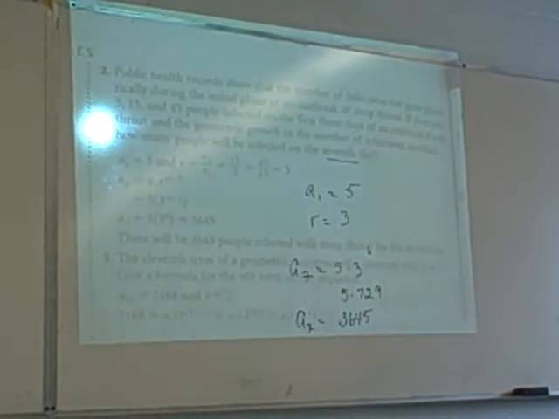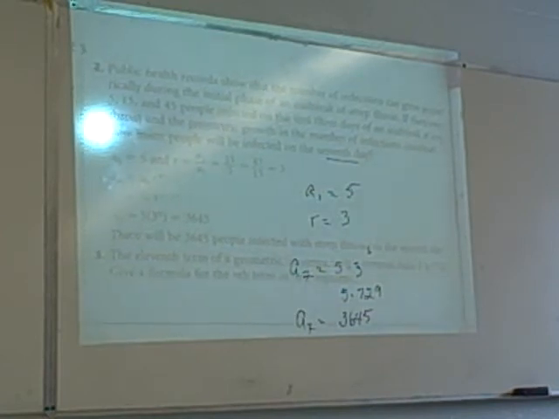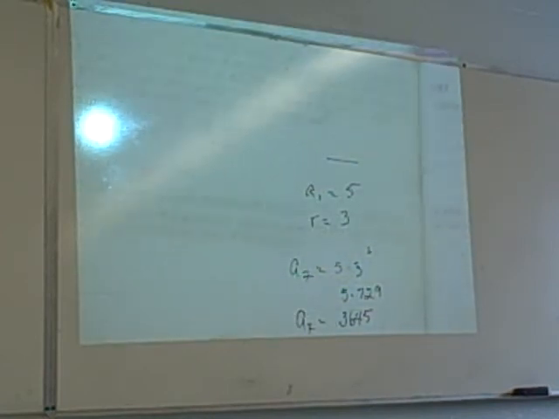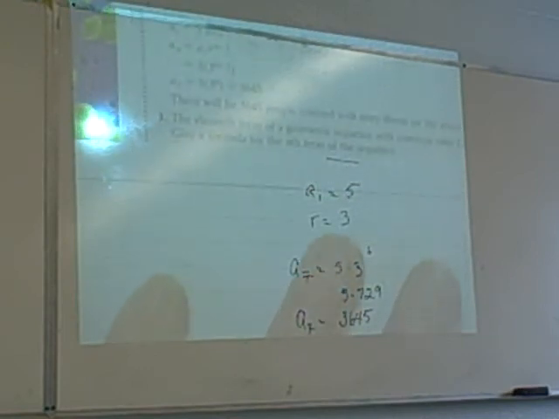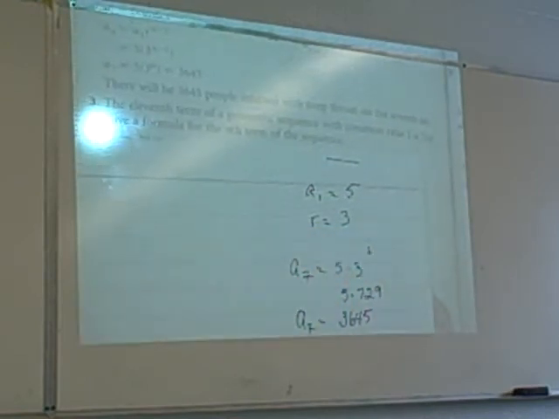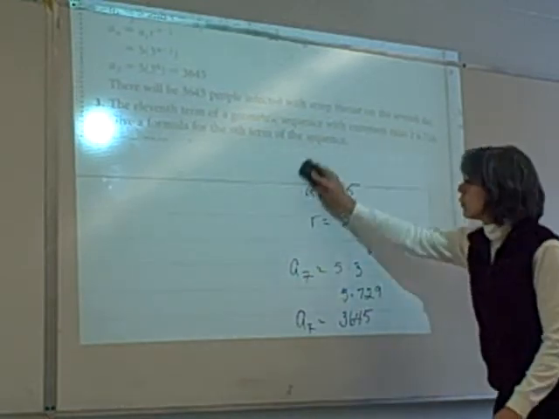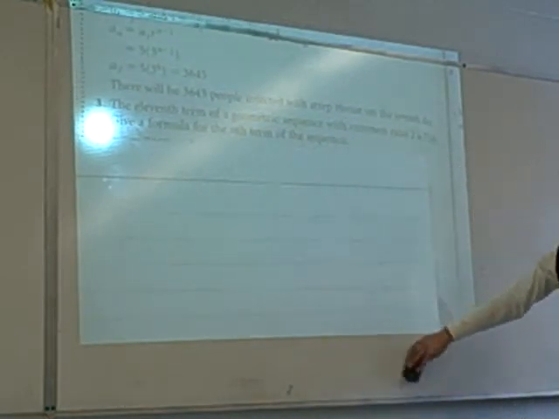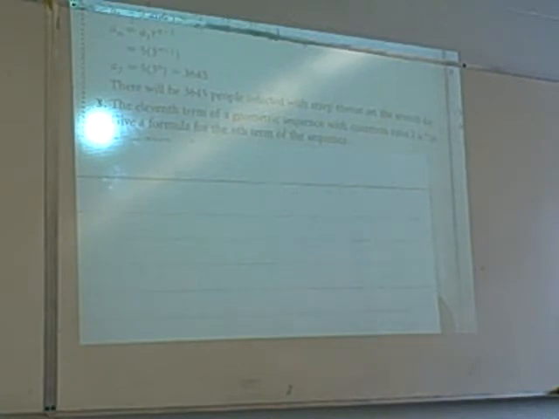All right, so here's another variation. Let's try this one. The 11th term of a geometric sequence with a common ratio of 2 is 7,168. Give a formula for the nth term of the sequence.